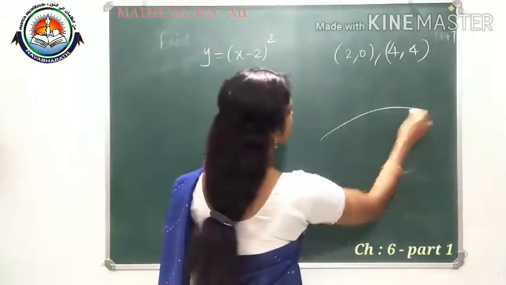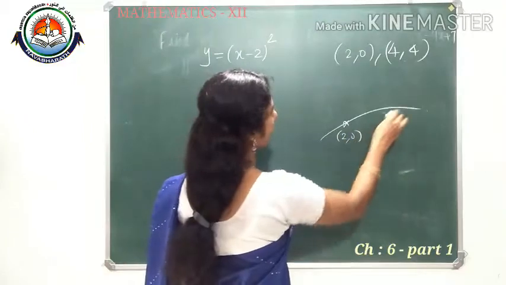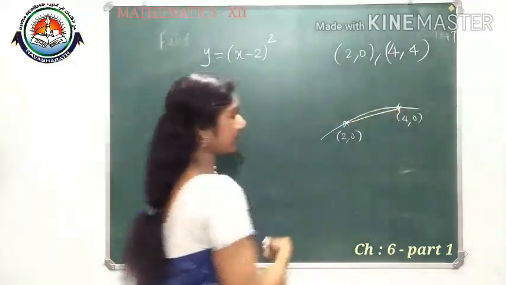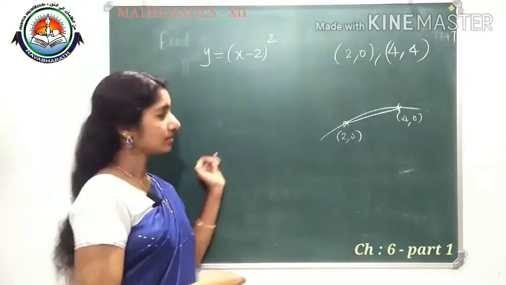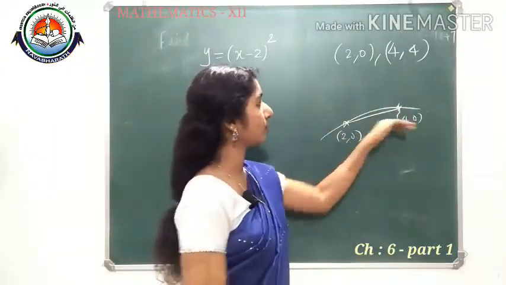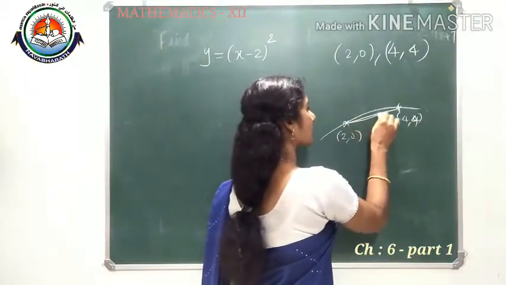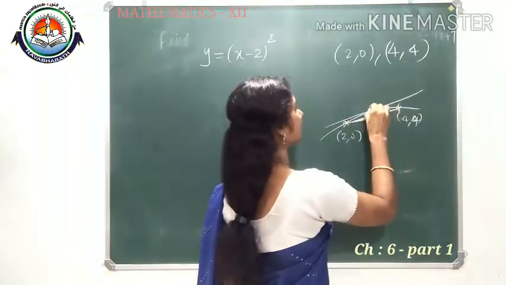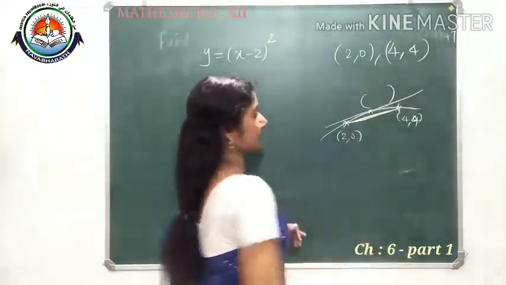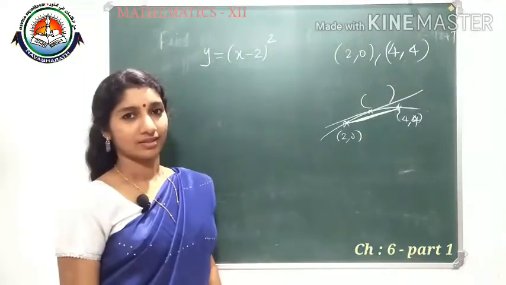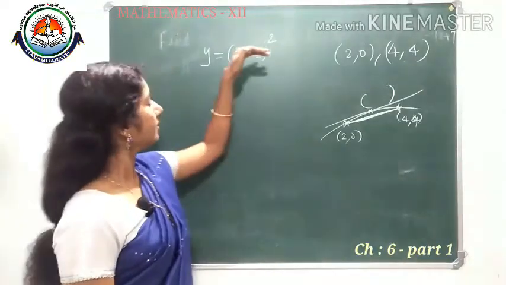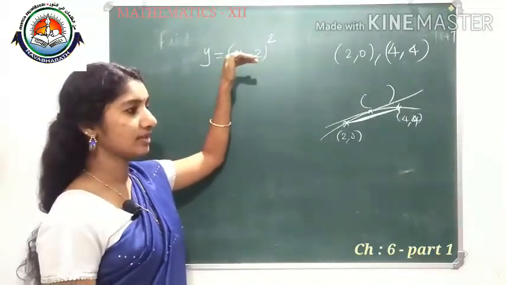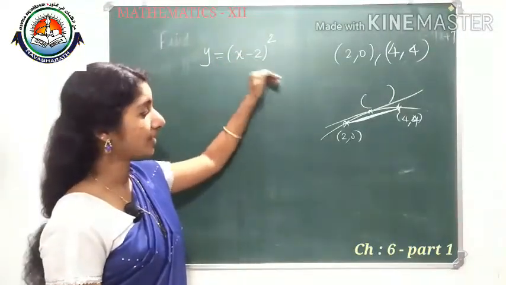So we have one curve, and the chord joining 2, 0 and 4, 4. This chord's slope and the tangent's slope are equal. We need to find this point, the point on y equal to (x minus 2) whole square at which the tangent is parallel to this chord.